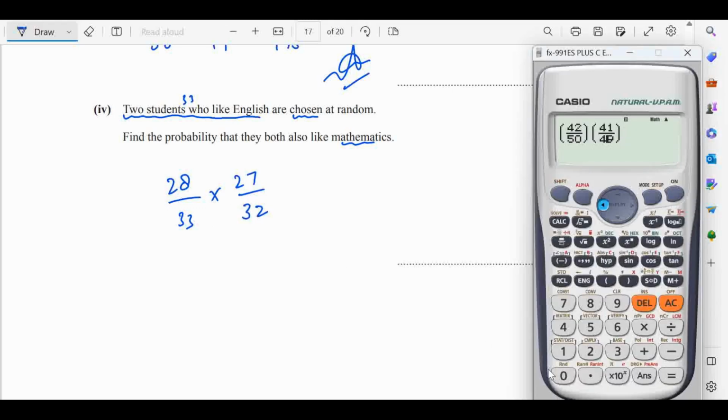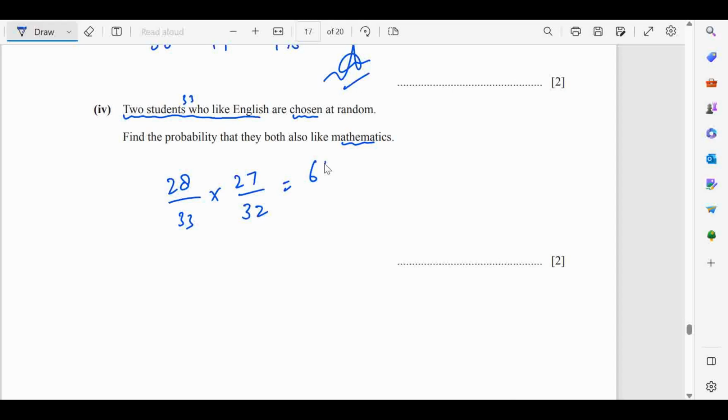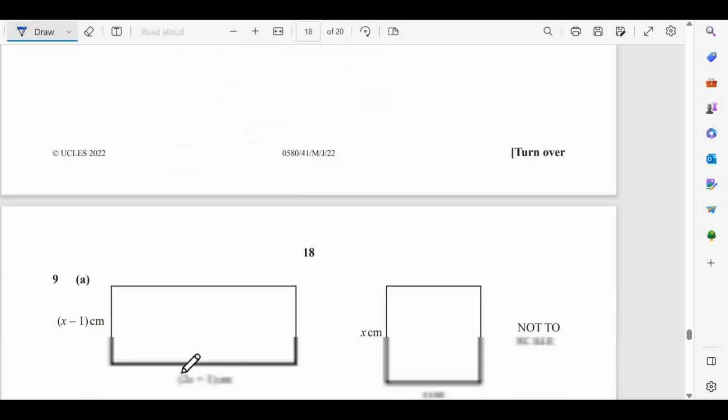Now if we simplify it, this will be 28 divided by 33 into 27 divided by 32. So this will be equal to 63 by 88. This will be the final answer. Let's move to the next question.